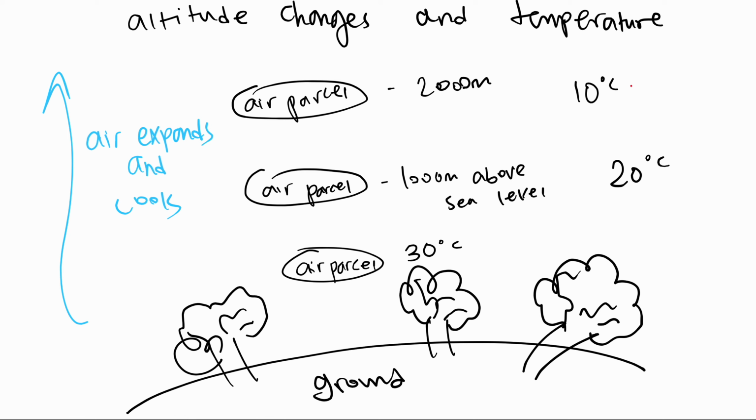As you go down in altitude, it's going to be the opposite. Air compresses and warms up. So at ground level, it's going to be around 30 degrees. As you go higher, it cools down from 20 degrees to 10 degrees. Pretty easy concept to understand, right?